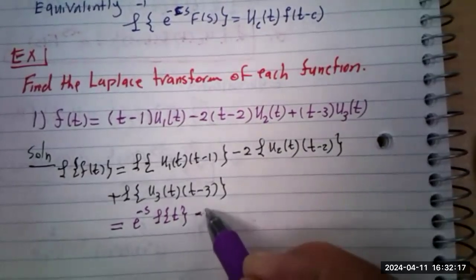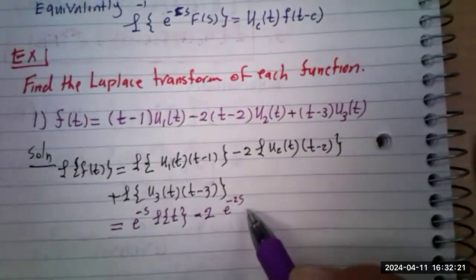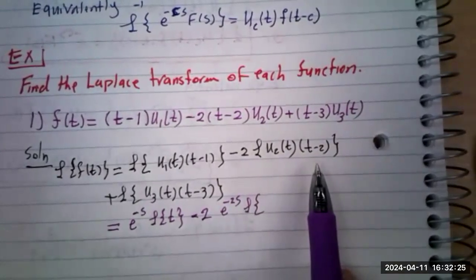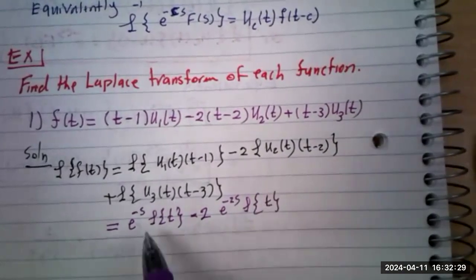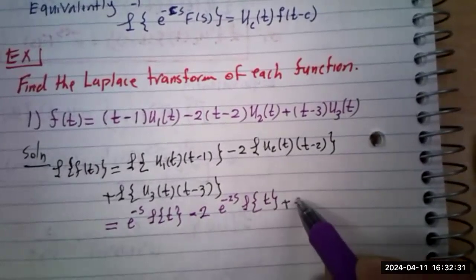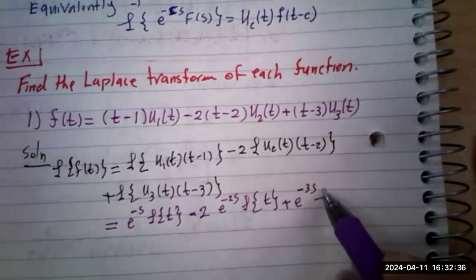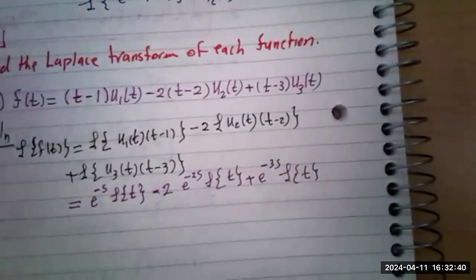Minus 2, the shift is 2, e to the negative 2s, Laplace of, you see, this is f of t minus 2. You add 2 to it, so that gives you the Laplace of t. And the last one is plus e to the negative 3s, again the Laplace of t. Any question?